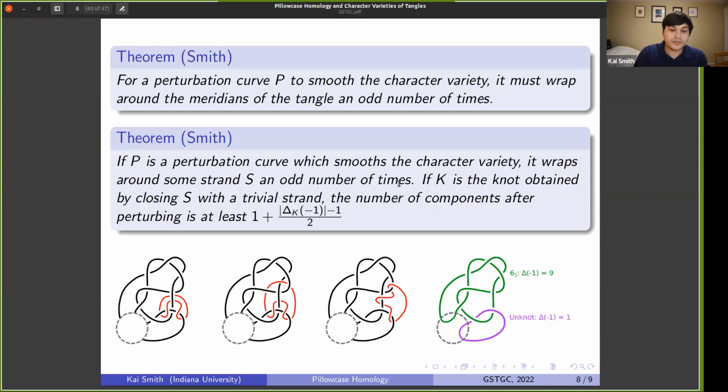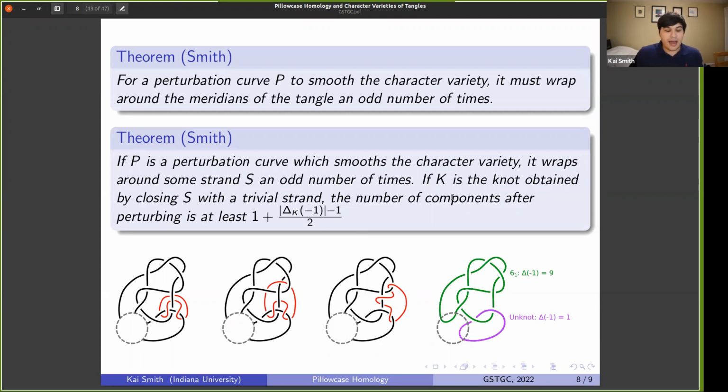So the strand of interest here is the green one, and the knot we get when we close it up is 6-1. This second theorem tells us that after we perturb with this perturbation curve, if it smooths out our character variety, it's going to have at least 5 components. We get that by plugging in the 9 here into this formula here.